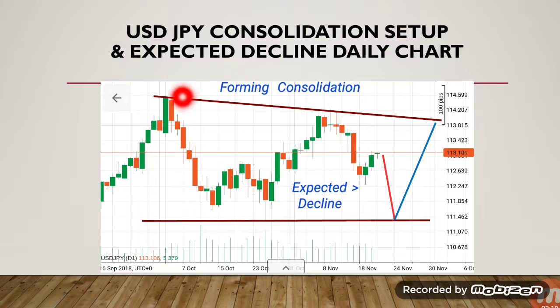But assuming that this consolidation setup is going to be completed and that we're going to see the market head down towards this area here, then this pullback could be temporary ahead of a sharp bearish reversal that continues the movement down towards the support area. Once it reaches this area, it is expected to then U-turn, rally and head towards the resistance boundary here that has already been completed.